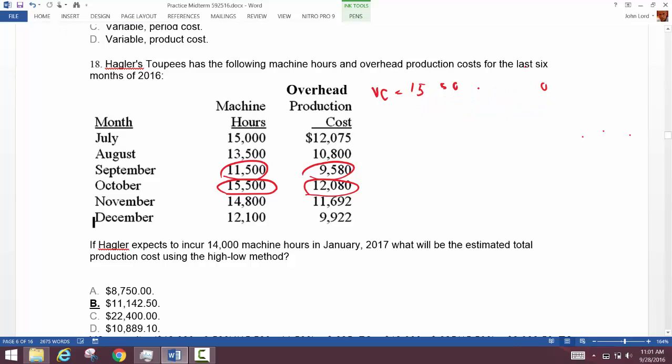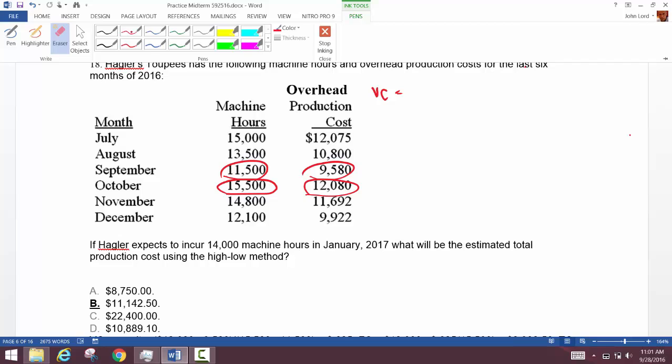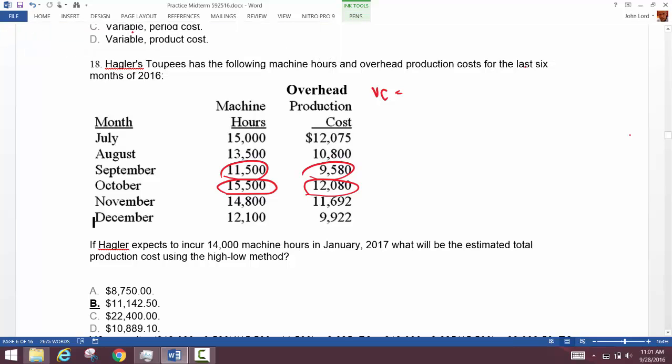Okay, good. So remember our actual cost, our dollars, are always in the numerator, which is going to be our overhead production cost. I shouldn't say dollars, because sometimes we could have dollars as our driver as well. So we've got the 12,080 minus the 9,580.